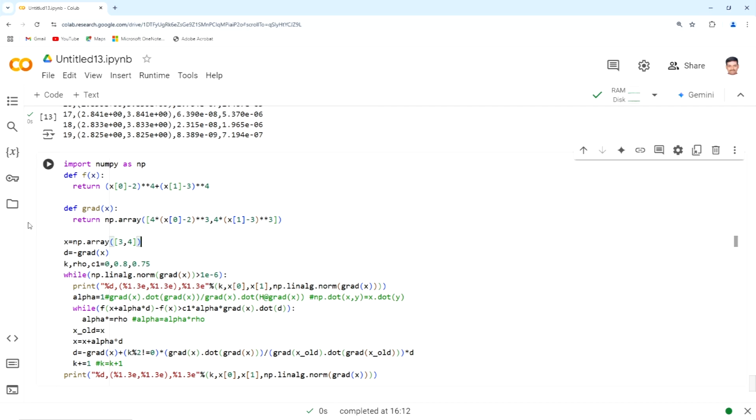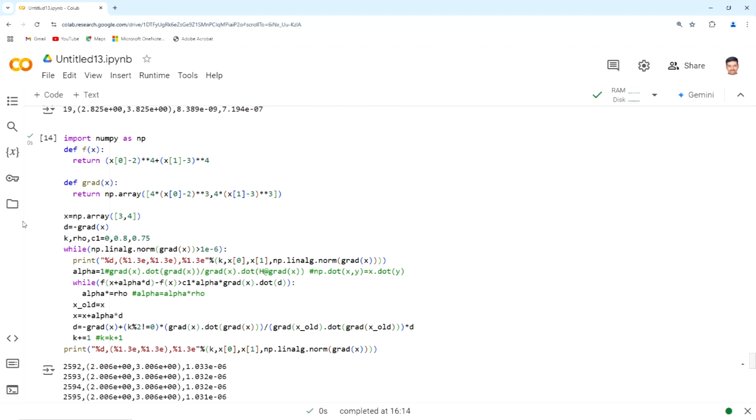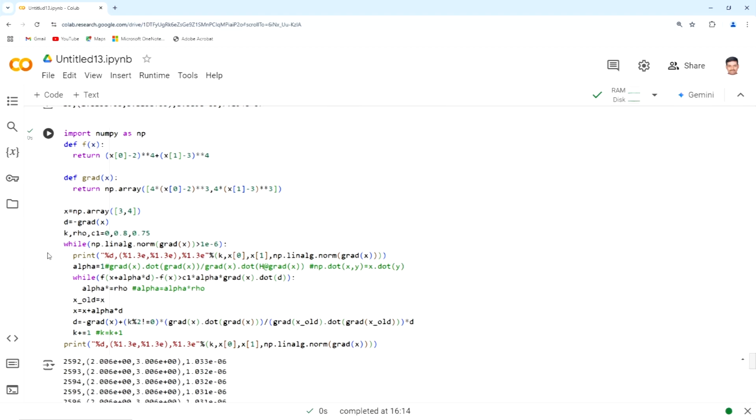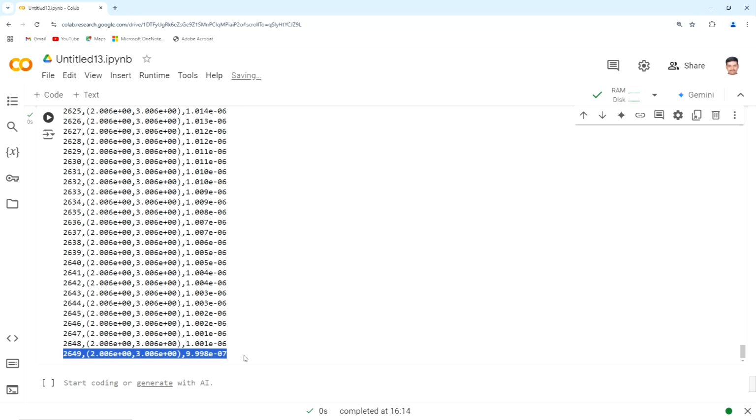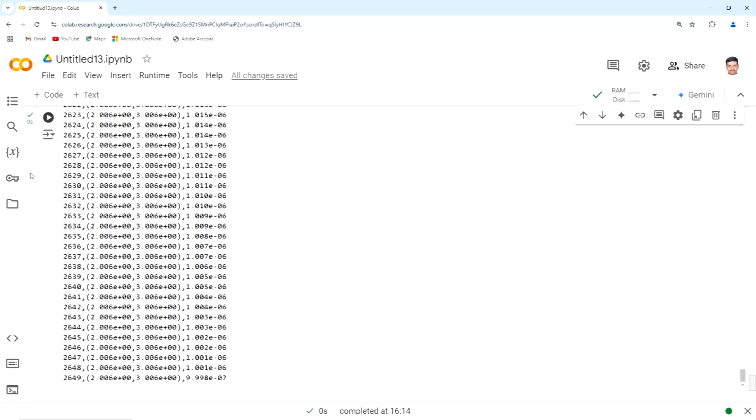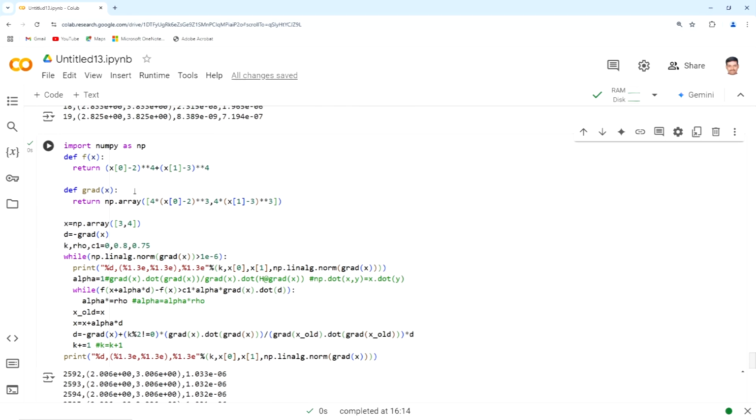Let us see. Yeah. So, you can see that Fletcher-Reeves actually takes 2649 iterations just to compute the answer for a quartic equation, right.